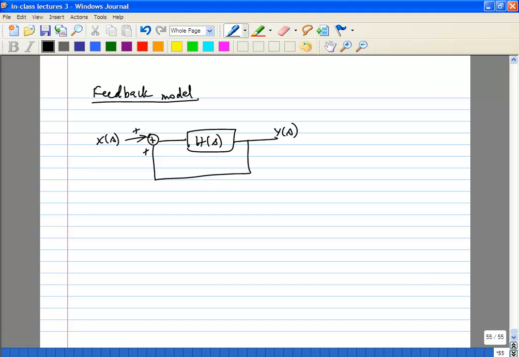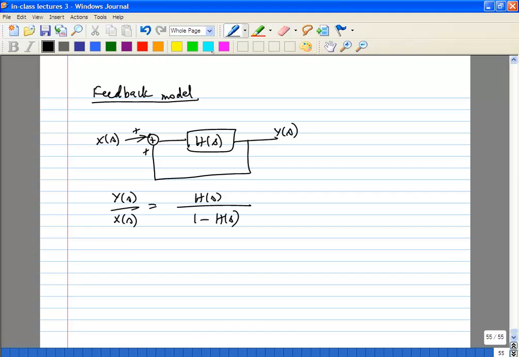So let us just take a system H of S where the output is fed back to the input. Y of S by X of S is H of S by 1 minus H of S.